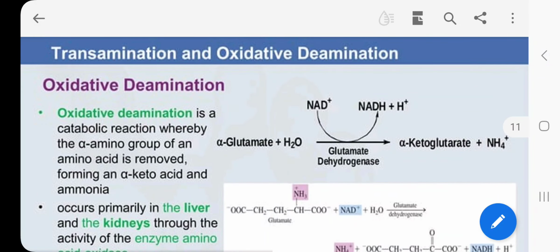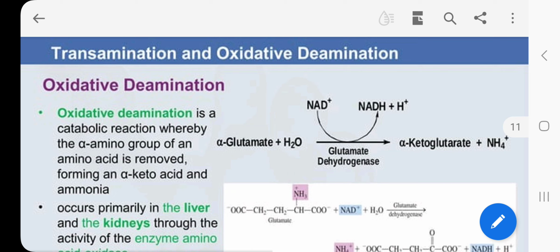Okay, so transamination and oxidative deamination. Continuing, we have oxidative deamination. It's defined as a catabolic reaction whereby the alpha amino group of an amino acid is removed to form an alpha keto acid and ammonia. So ano yung products? It's alpha ketoglutarate and ammonia. Alpha ketoglutarate is an alpha keto acid. So what happens during the process?